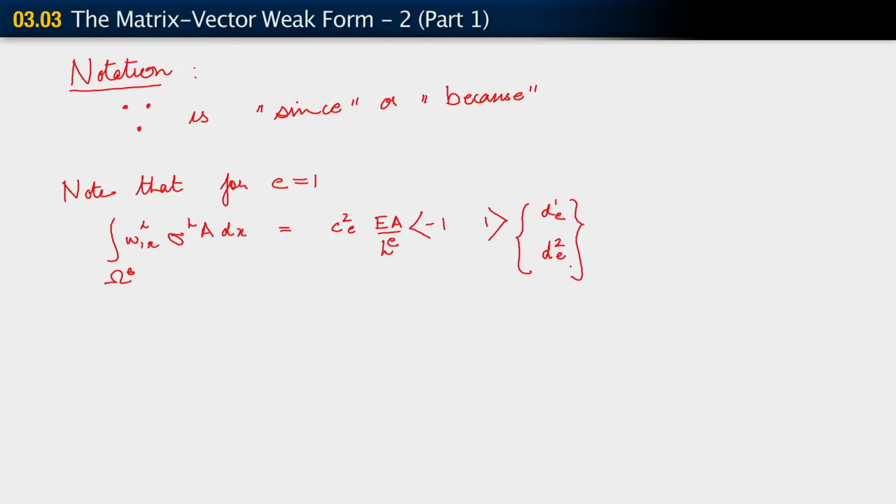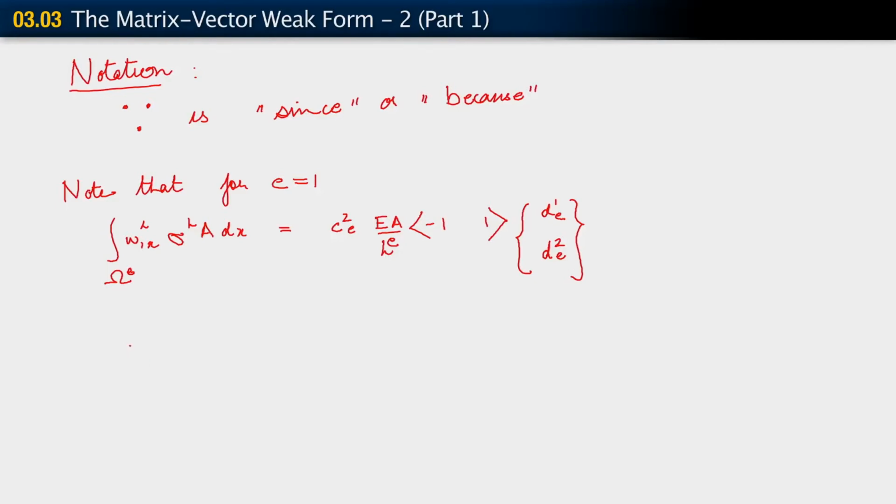Okay, and you can actually see this in a very simple manner by just taking the general expression for a general element E and recognizing that C1E is not present in the expansion for element 1.